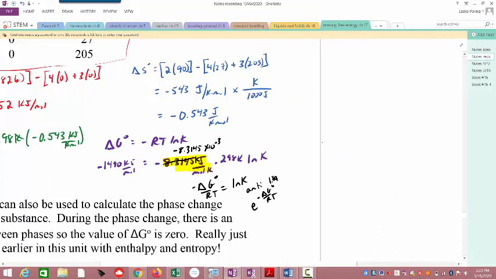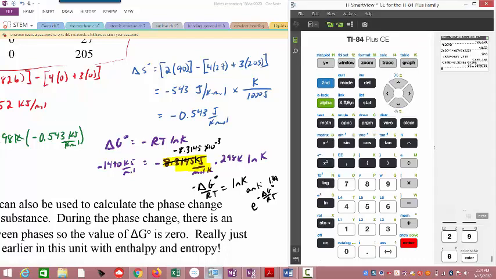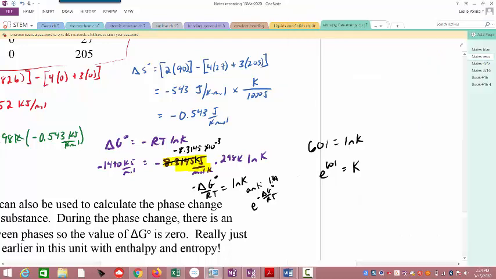So we have 601 equals the natural log of K, or e to the 601 power equals K. So second function natural log, 601, and we get an error because that's too big for the calculator. Just report it like this.